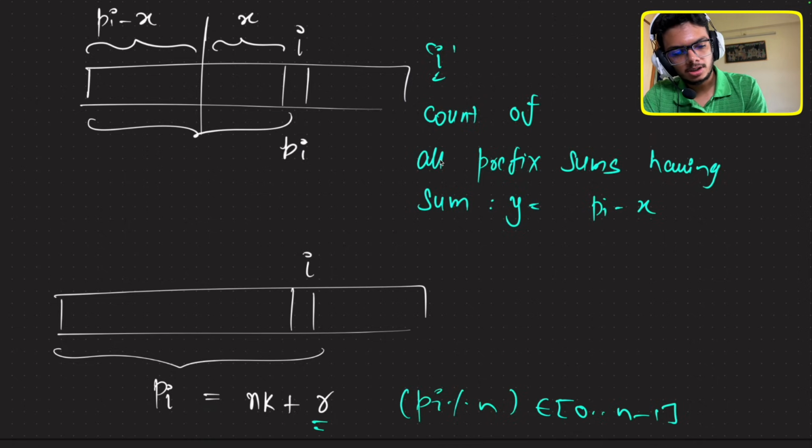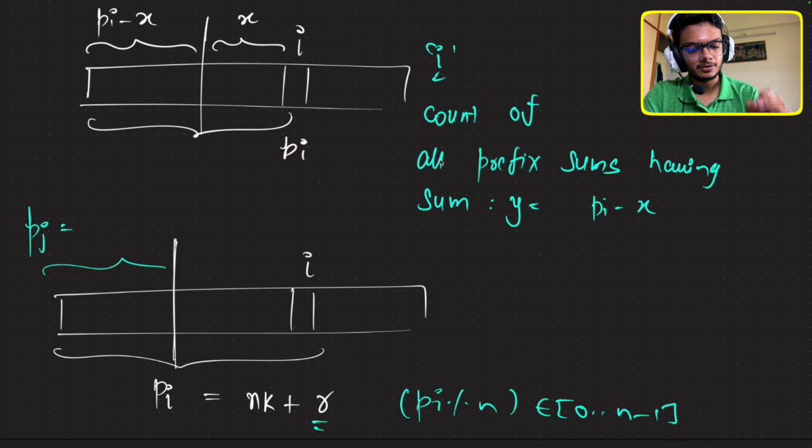Cool. Now, very attentively, if you can find some pj here which can be written like n k dash plus r, that is leaving the same remainder, what is this part, guys?